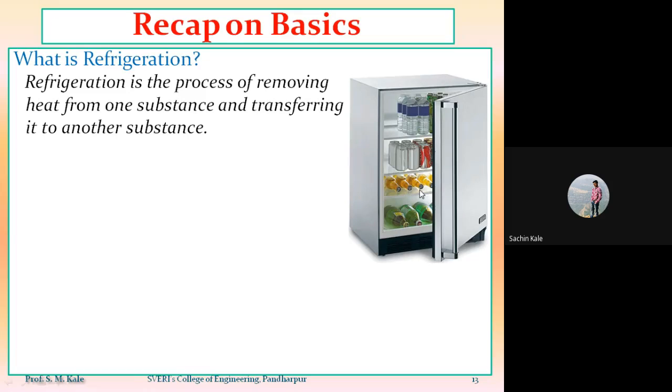Because of the heat absorption from these substances and the heat rejection to the outside, the temperature of those substances, the cold drinks, goes on decreasing. So the refrigeration phenomenon is nothing but removing heat from one substance and transferring it to another substance.